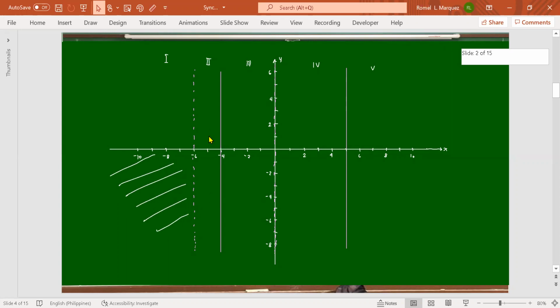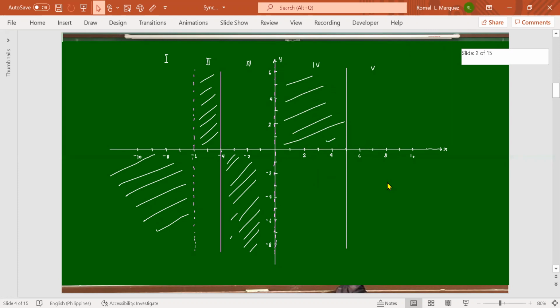Negative, so there is no graph above. The third is positive, so there is no graph below, because the graph is supposed to be above the x-axis. The fourth is negative, so no graph above. And the last one is positive, so no graph below. Am I correct, children?